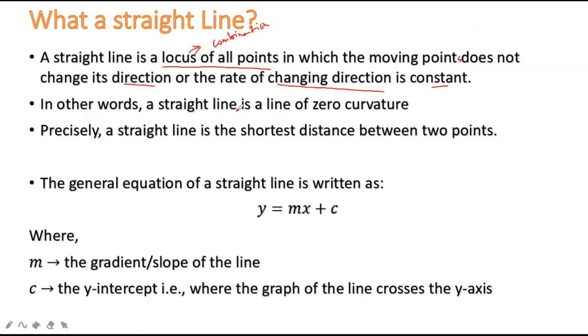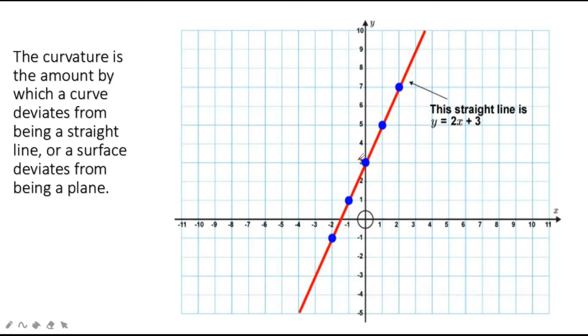In other words, a straight line is a line of zero curvature. What it implies is that there is no tendency for the points to deviate away from this straight line, whether in this manner or in this manner. So, in case of a straight line, the curvature of the line will always be equal to 0.